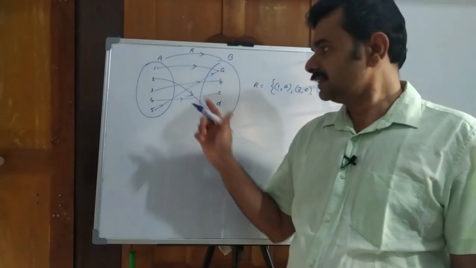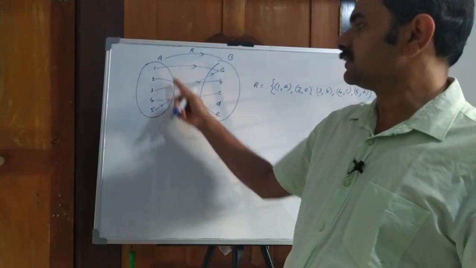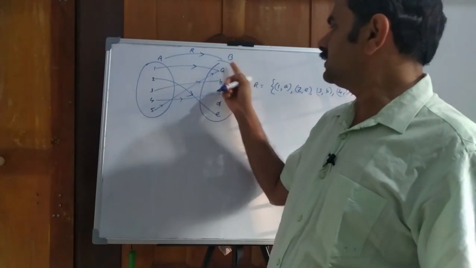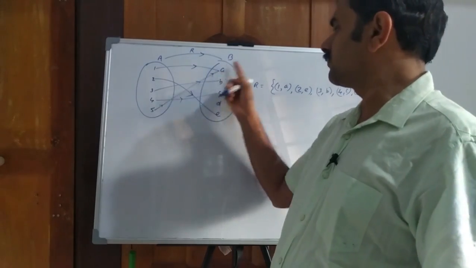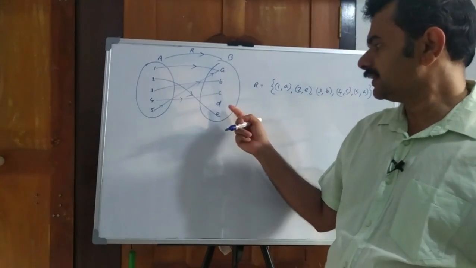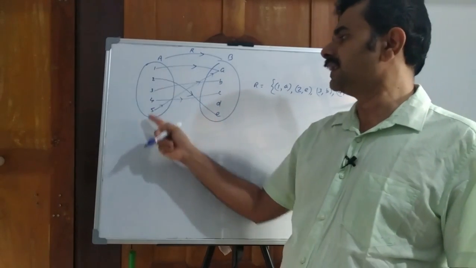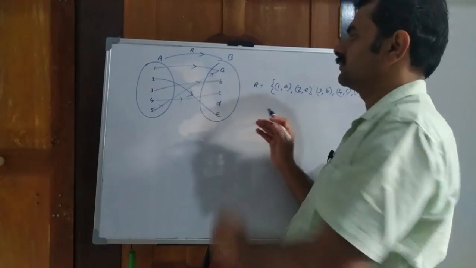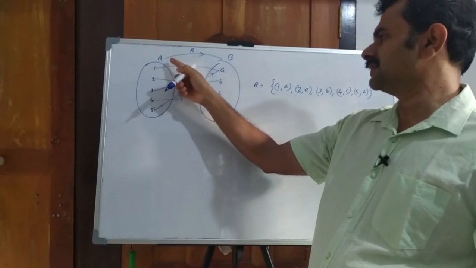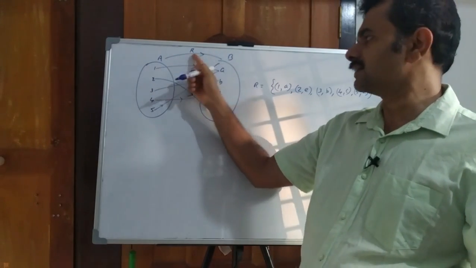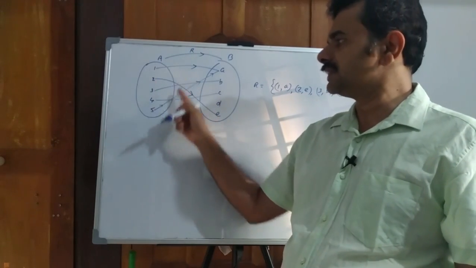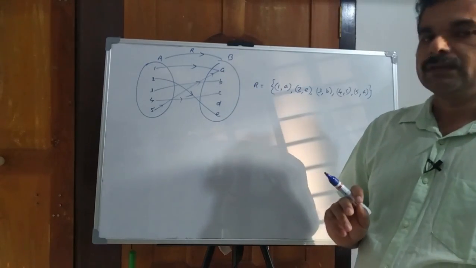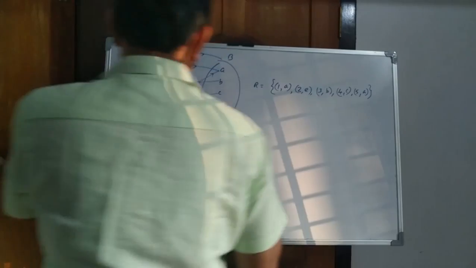In this set, every element of A is connected with some element of the set B. Here D is not connected with any element of set A. These are the properties for this question. So the sets A and B are mapped by a relation R, and every element of the set A is connected with some element of the set B. Right, so this is a relation.